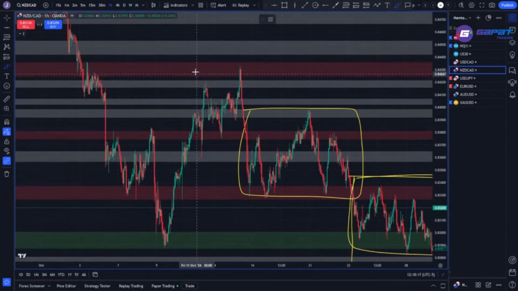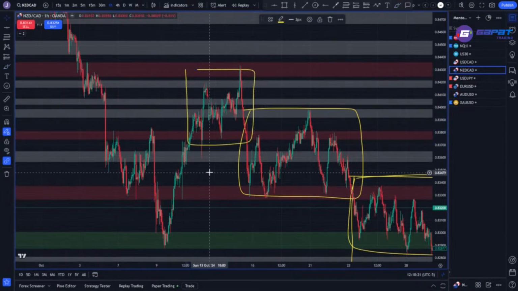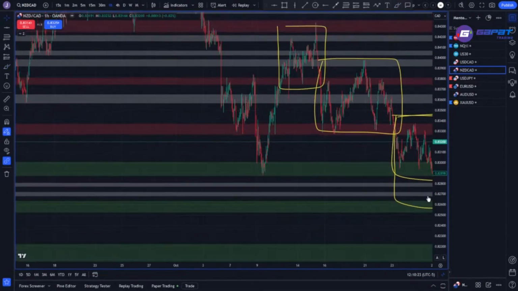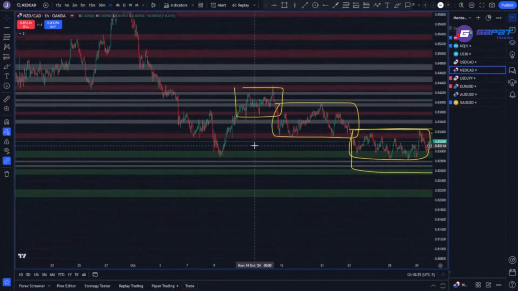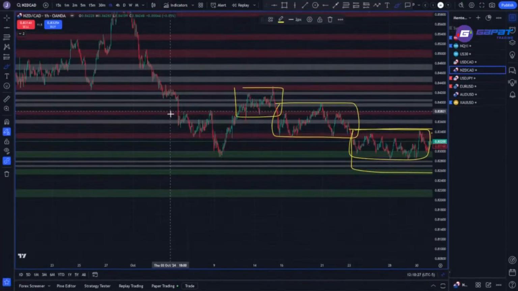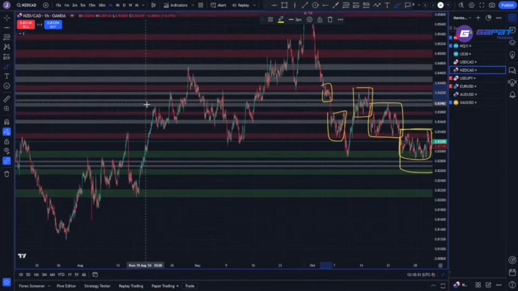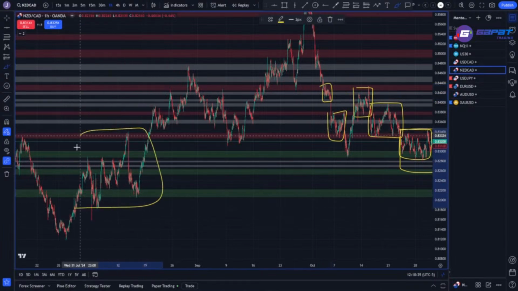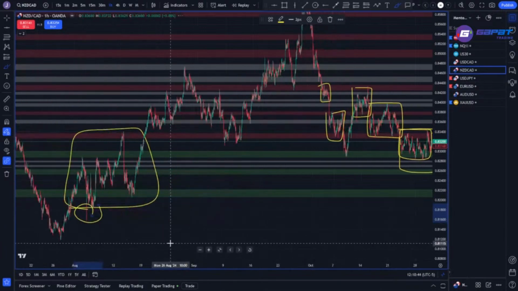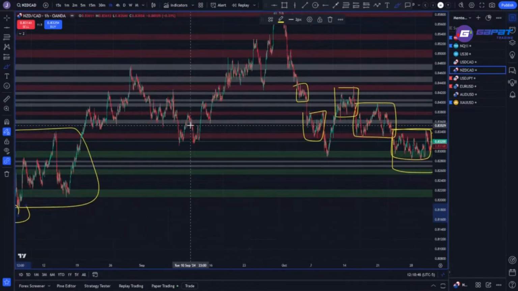We go from a balance area, and then we have a directional move into the next balance area. This one's a bit tricky here. It's like that, but we have the strong buying tail here as well. There's actually not that many balances on this chart.